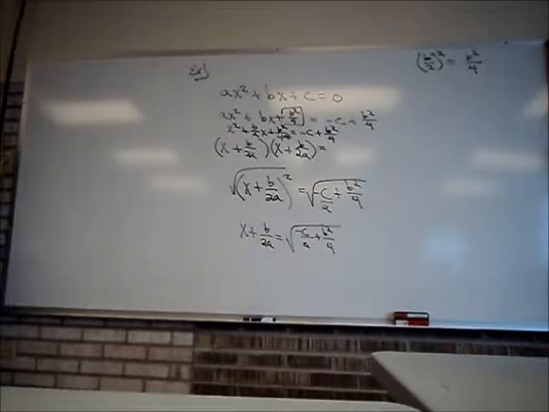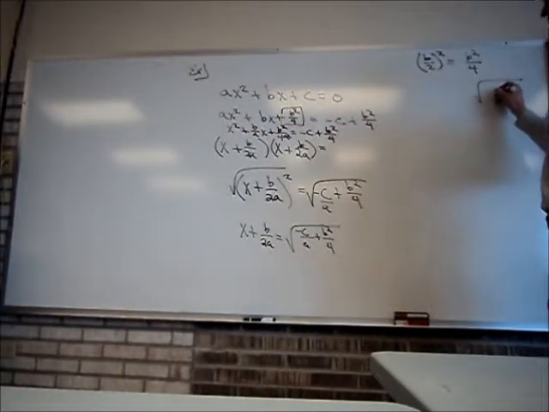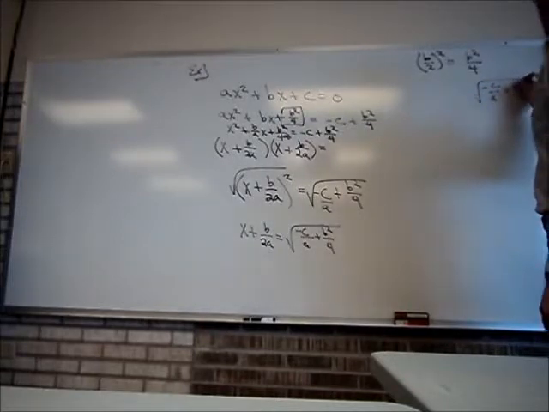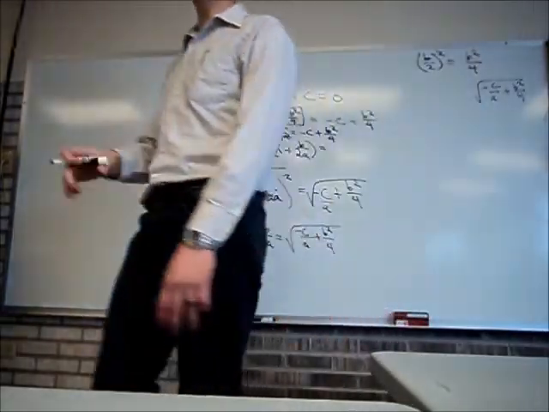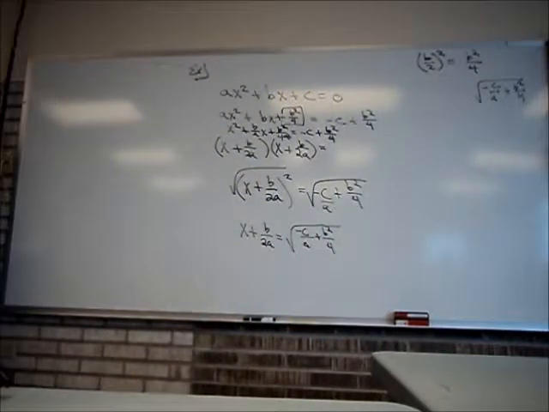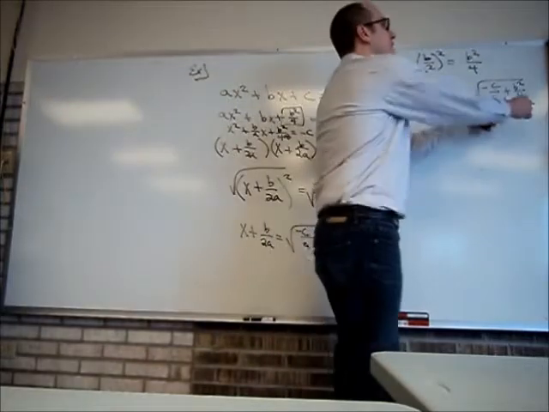Okay. And let's take a look at that right-hand side just for a second. That right-hand side, we got fractions. And we got fractions that are trying to add. When you add fractions, you need common denominators, right? So we need a common denominator. In order to get a common denominator, this fraction needs the 4.